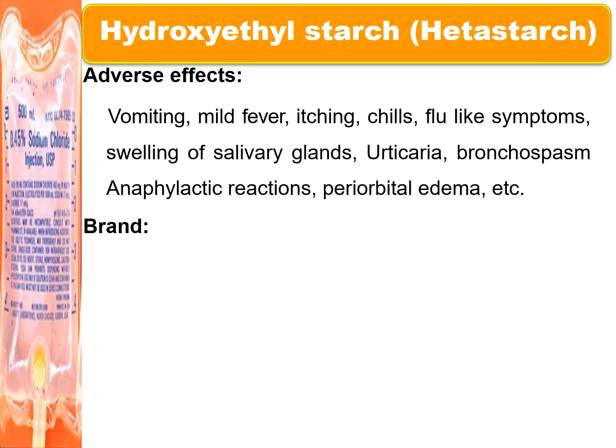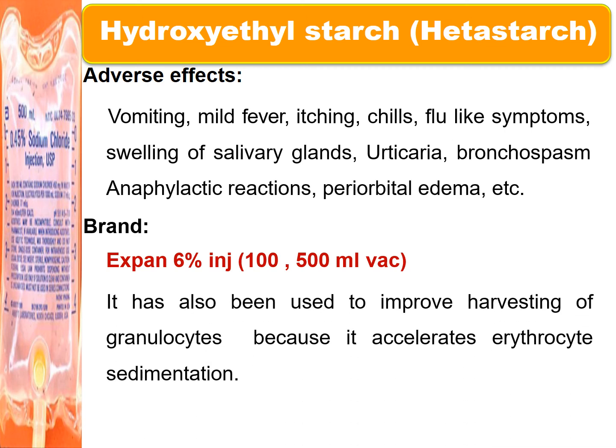The brand available in the market is Expand 6% injection, available in a 100 or 500 ml vial. HES starch has also been used to improve harvesting of granulocytes because it accelerates erythrocyte sedimentation.